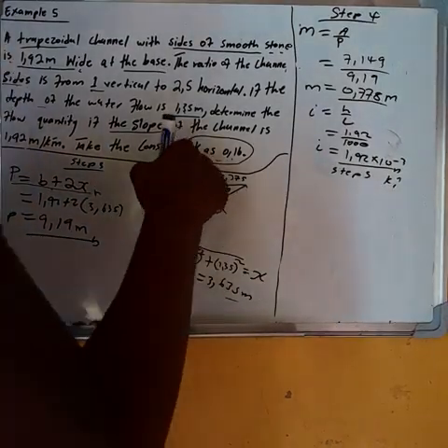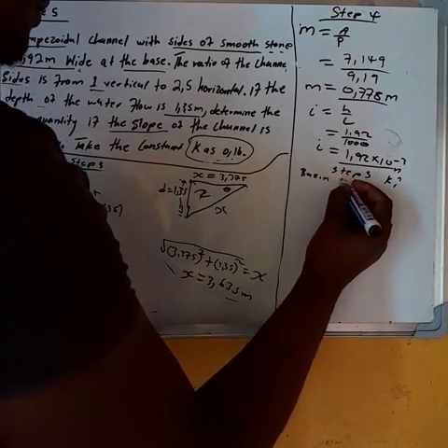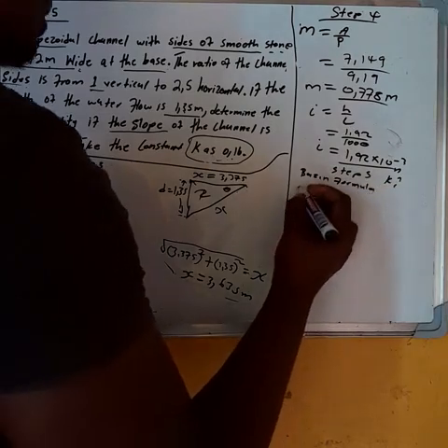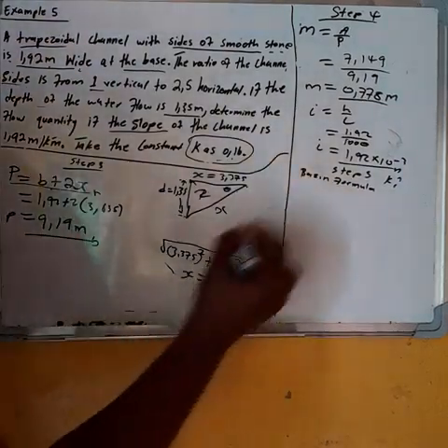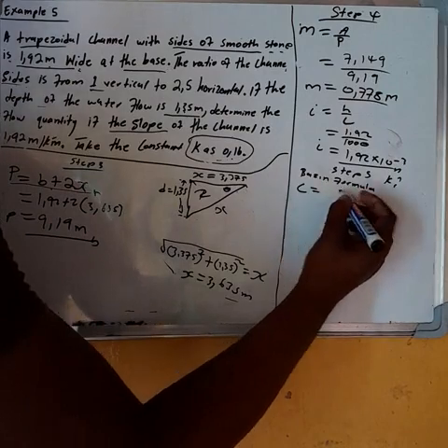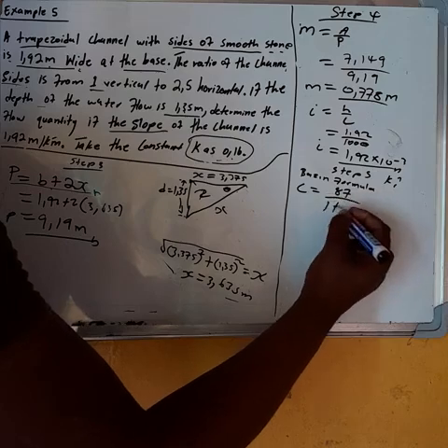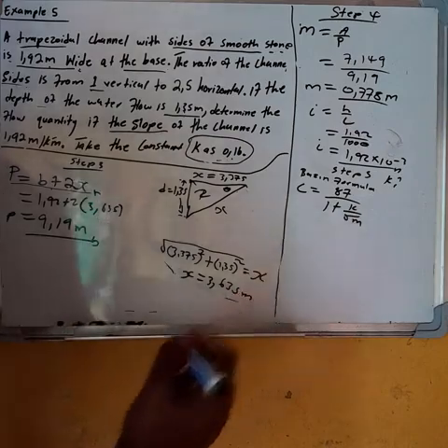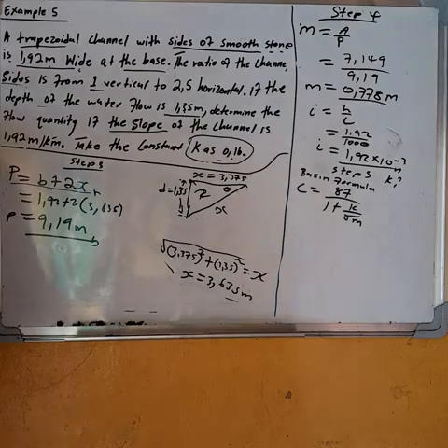We apply the K using the Bazin formula. The basic formula states that C is equal to 87 over 1 plus K over square root M.